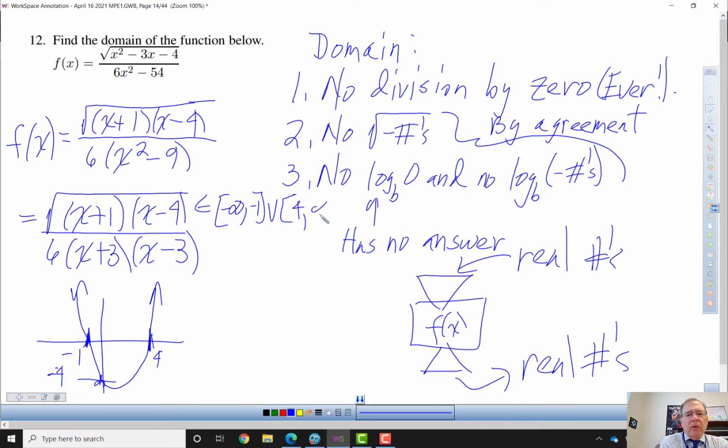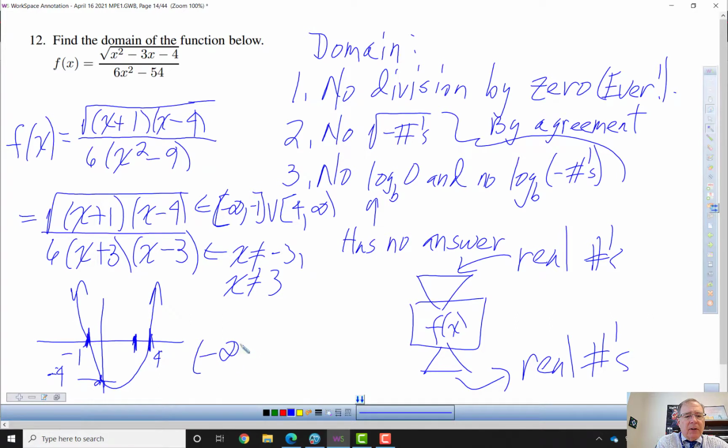Now here, x can't equal -3, x can't equal +3. But the +3 is here, so we already took that into account. So our total domain, we're going to go down to -infinity, and actually those should be a parenthesis.